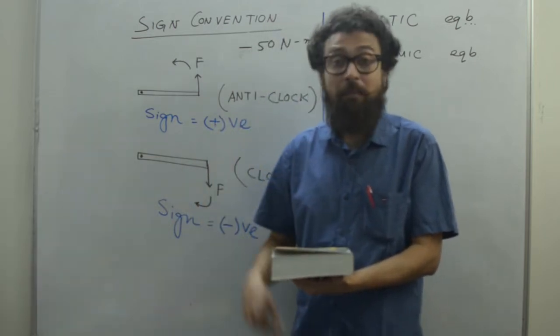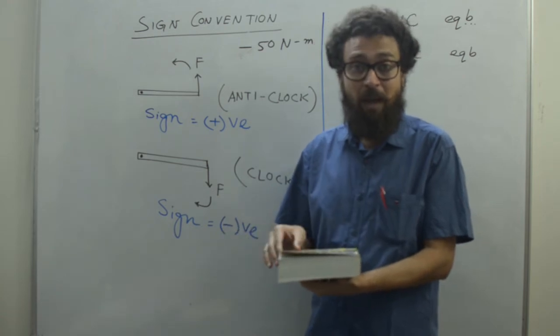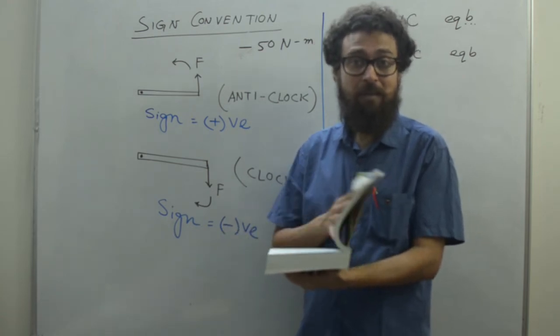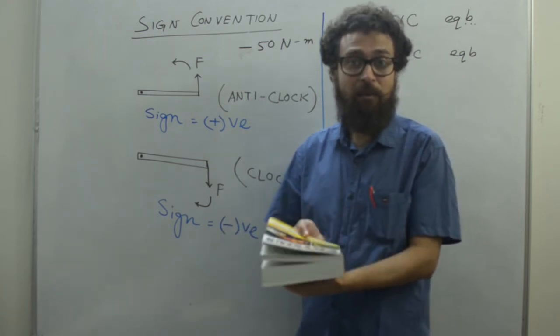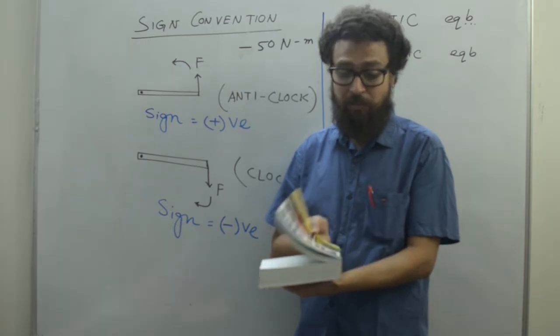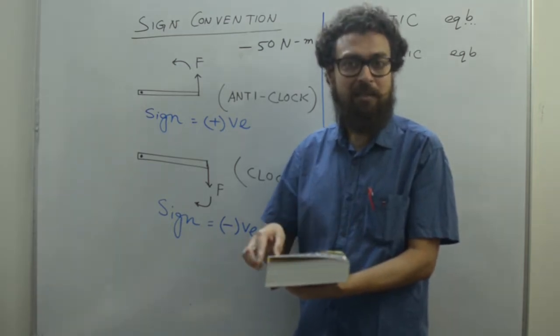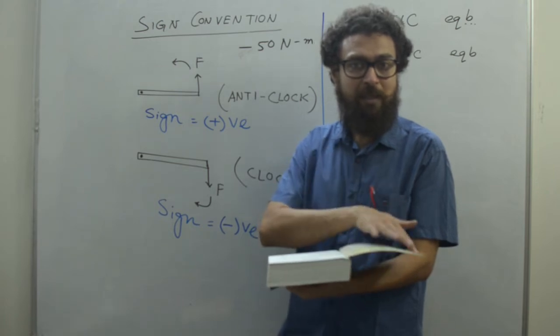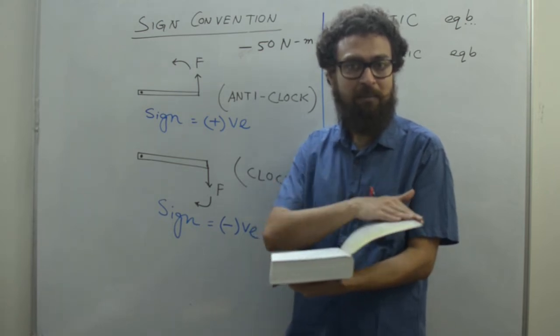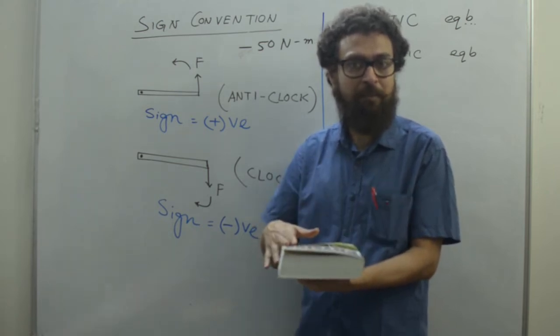Understood? Great. But what else? I can open this book like this. So this is what? This is turning effect. When I apply a certain force on it, it is opening, it is showing turning effect. So this is not under equilibrium.